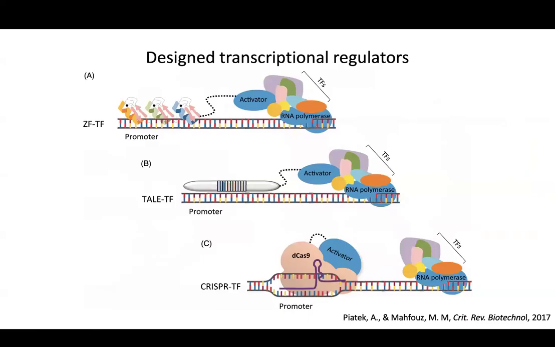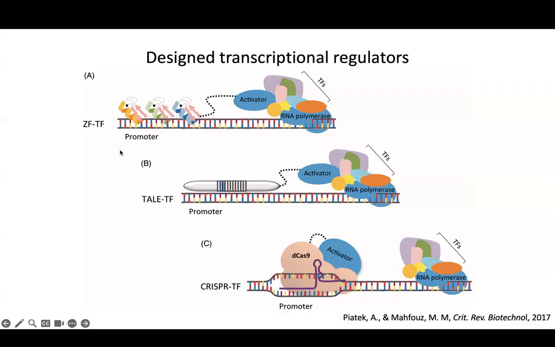Apart from using the canonical overexpression method or the conditional promoter method, designed transcriptional regulators give us another opportunity to modulate or manipulate gene expression. Here, synthetic transcriptional activators are fusion proteins between DNA binding proteins and activators.